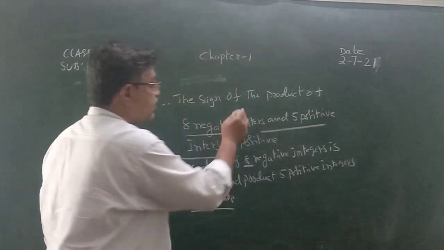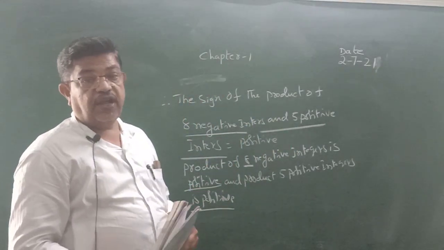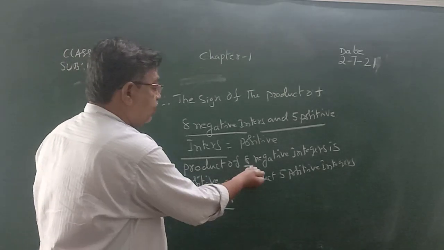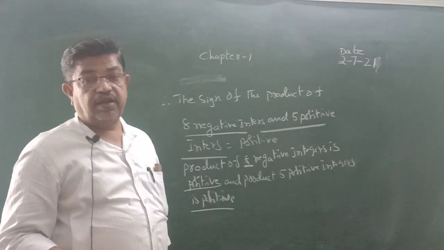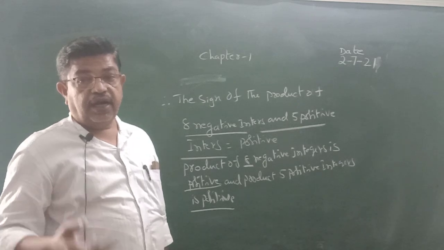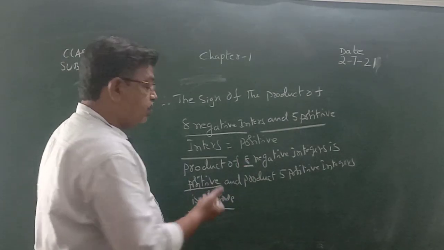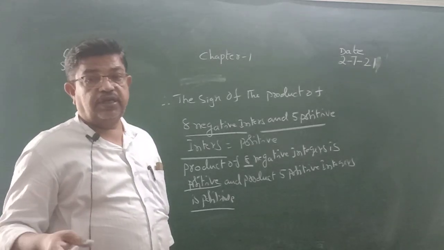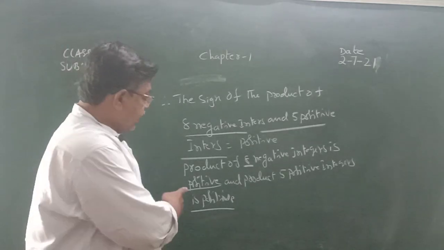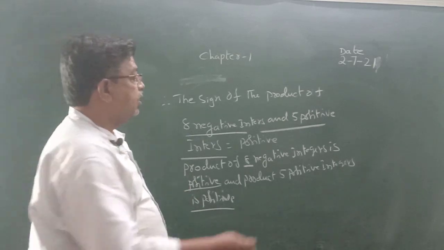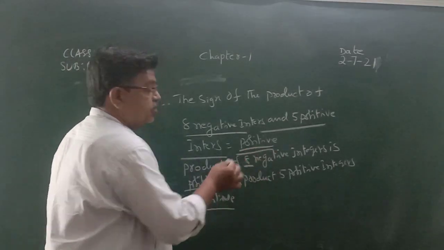So the question is, what is the sign of the product of 8 negative integers and 5 positive integers? The product of 8 negative integers, 8 is an even number. If you multiply negative integers which are even in number, the product is positive, and the product of positive integers is always positive. Finally you are getting the product of a positive integer into another positive integer. Therefore the final product is positive.